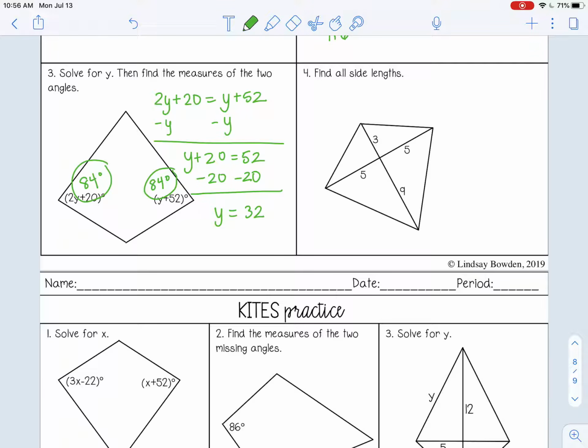All right, and then in the last example, it says find all side lengths. So in this example, we're only given diagonal pieces, but I do know that the diagonals create right angles because they are perpendicular. So really we have 4 right triangles. So I'm just going to draw this one separately here.